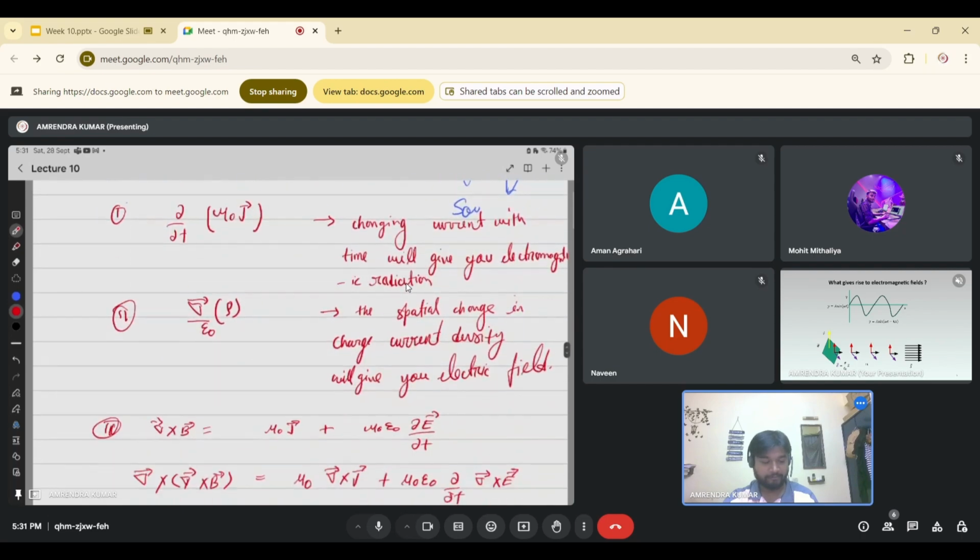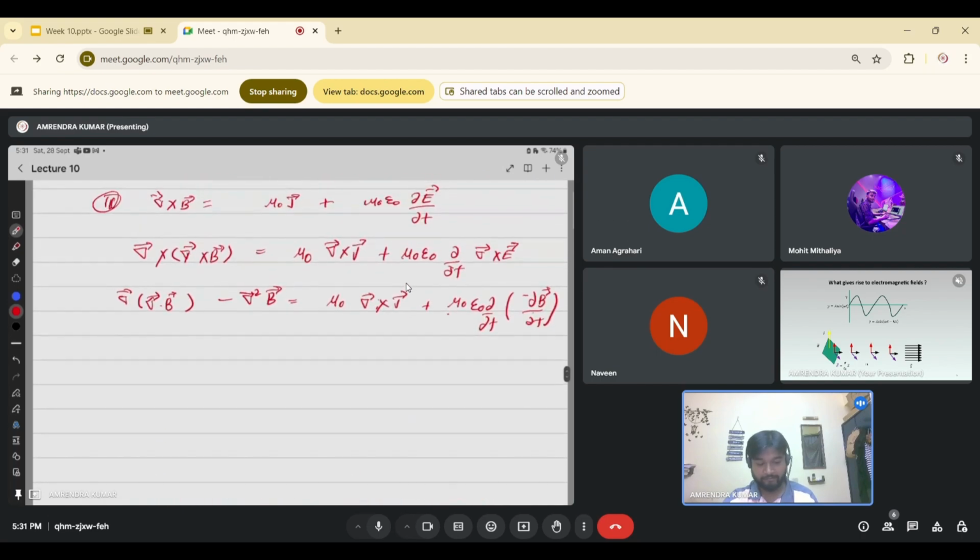So del cross E is minus del B over del T. Now again, del dot B is 0. So we will have mu 0 epsilon 0 del square B over del T square, with a minus sign, and del square B is equal to minus mu 0 del cross J.